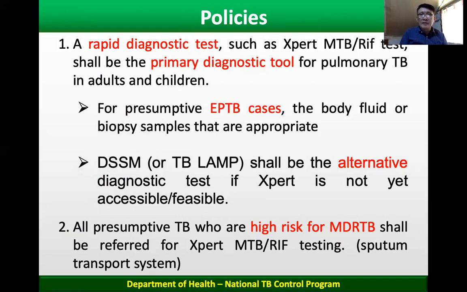Number one, a rapid diagnostic test. And this is the new term now: rapid diagnostic test, or RDT, such as Xpert MTB/RIF tests, will now be considered as a primary diagnostic tool for pulmonary TB in both adults and children. So nowadays, we will be utilizing Xpert MTB/RIF tests.